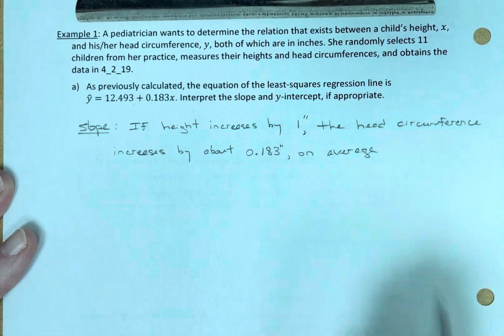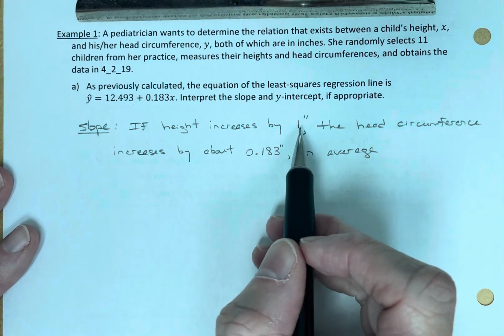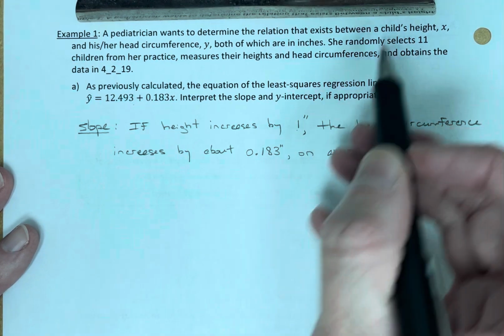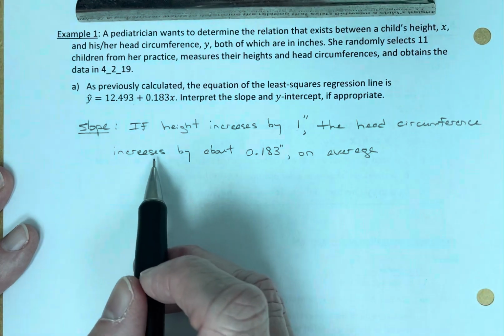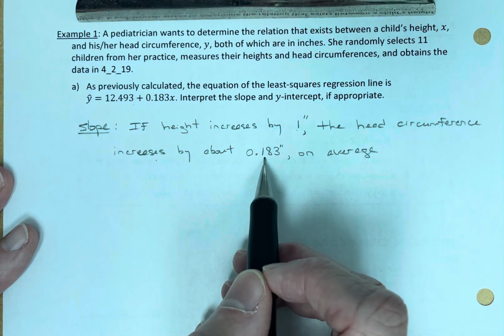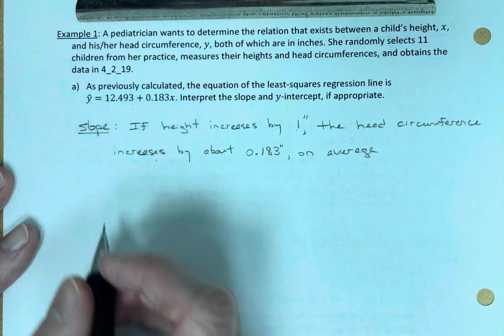Remember, I had that in bold on the previous page. So a 1 unit change in x, a 1 inch change in the height, results in an increase of about 0.183 inches in the head circumference on average.